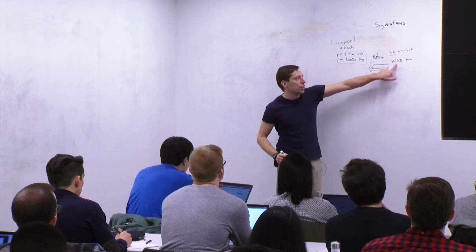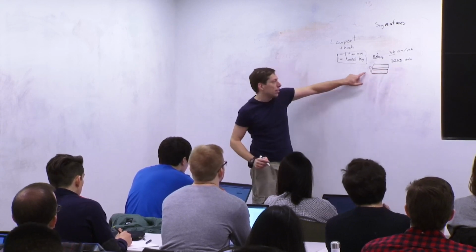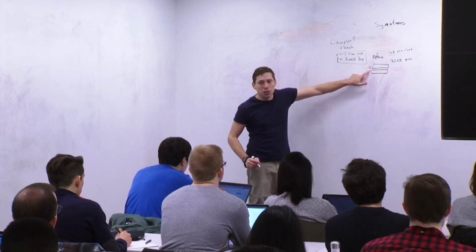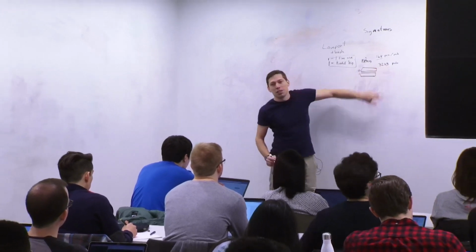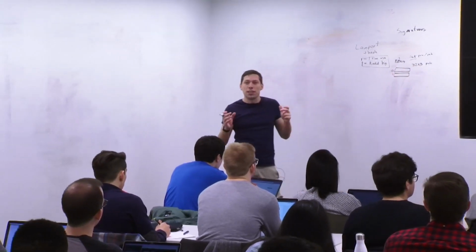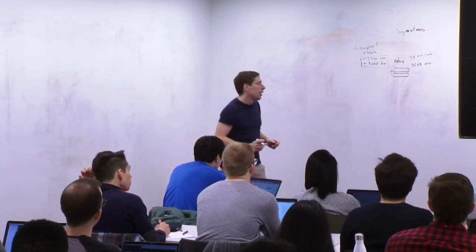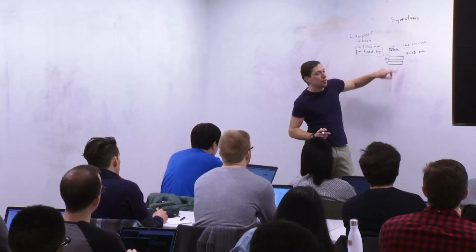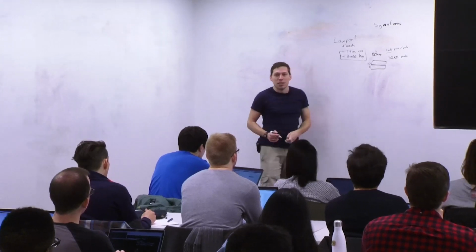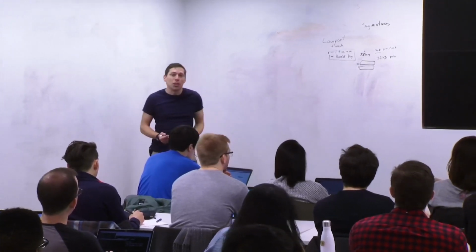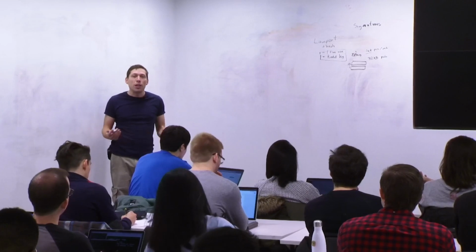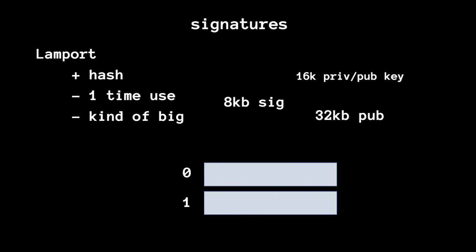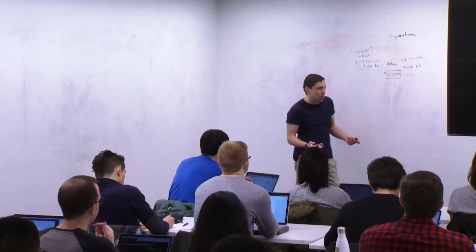Then you look through this 32 kilobyte public key, and if it starts with a 0, that means it's using the first sub key in this public key block. And if it's 1, it's using the second, the latter sub key. That would let you use your public key twice, at the cost of doubling your public key size, which is not really great. It's not very efficient, but it does sort of work.